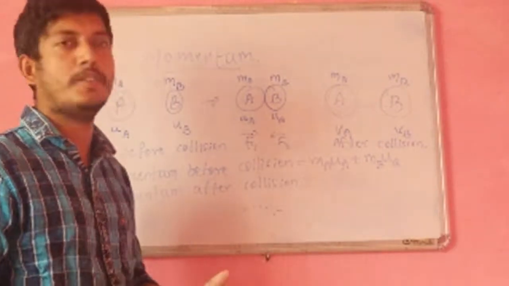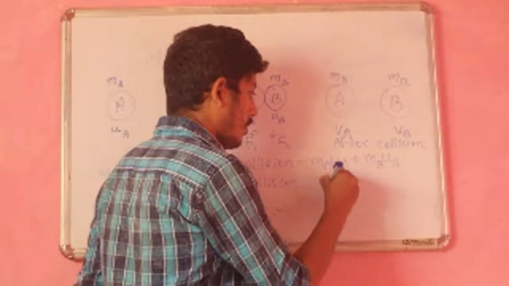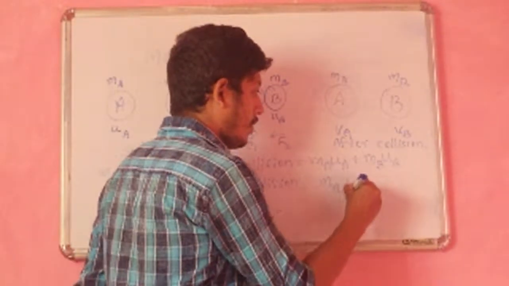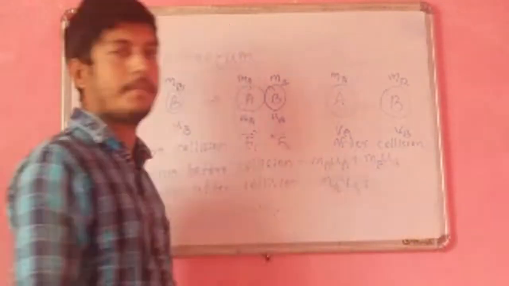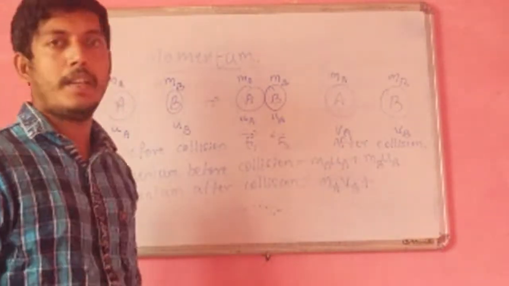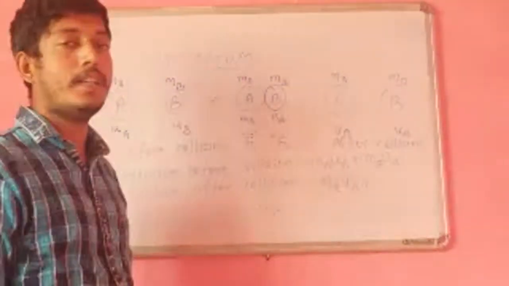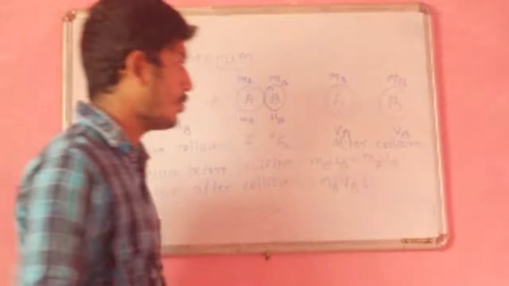The momentum is the product of mass and velocity. So it becomes mA vA plus mB vB, since the mass of object B is mB and its velocity is vB.